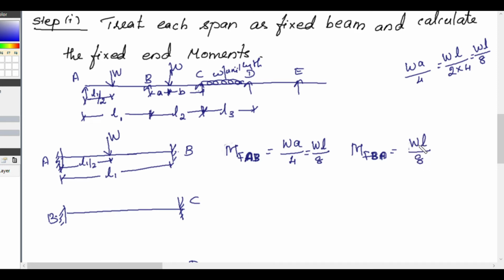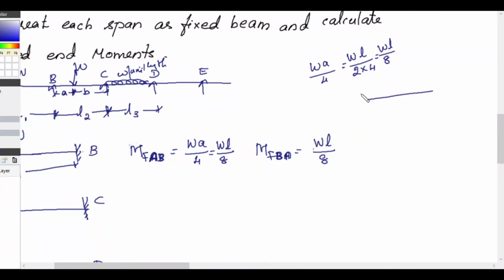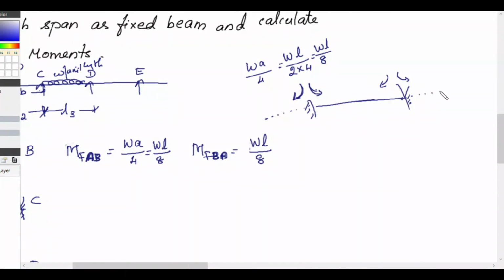Now we have to see whether it is positive or negative. Listen, we know for a fixed beam, our moments will be negative. That is why we will be putting our moments like this, right? That means if there is another beam here, see this is clockwise. Here it is anti-clockwise. You may have another beam here.